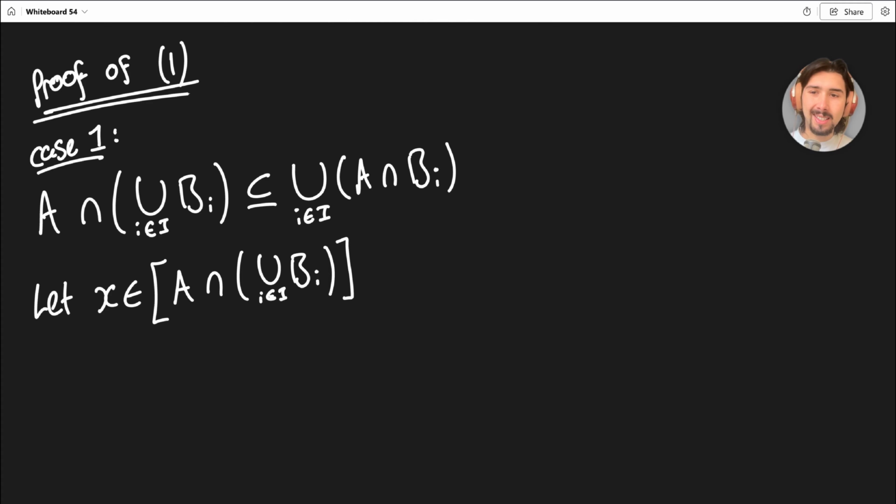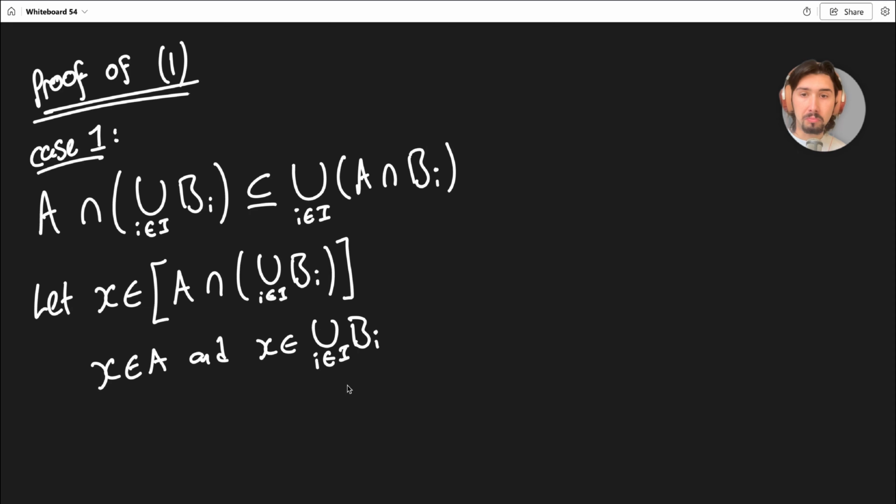Well, if x is in the intersection of A and this big union, then x has to be in both of those things individually, because if something's in an intersection, it's in both sets. So x is in A, and x is in the union over all of the i in I of the B_i's.